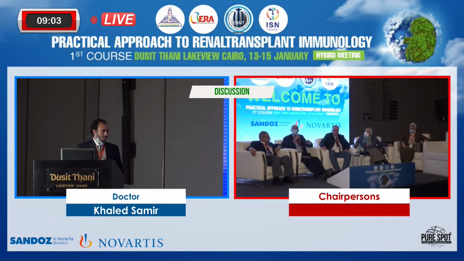I think you should be anticipating it and continuously maintaining the patient on a higher tacrolimus trough level, monitoring for the DSA, and you should consider boosting for the rituximab, because rituximab is a short-lived anti-B cell.